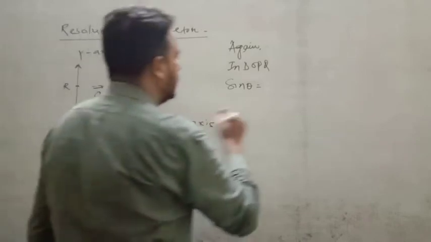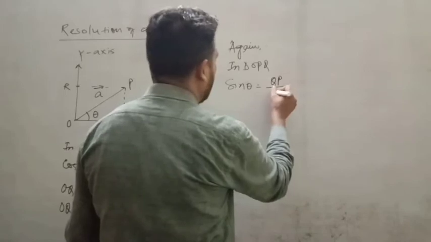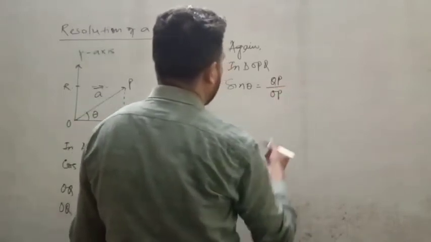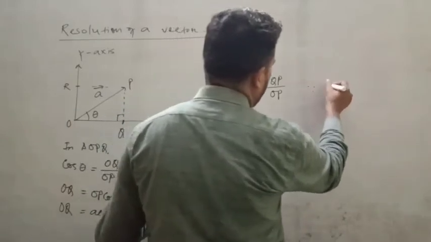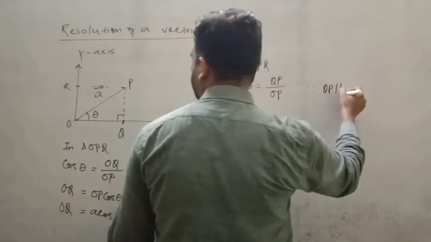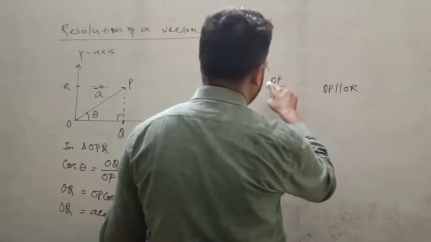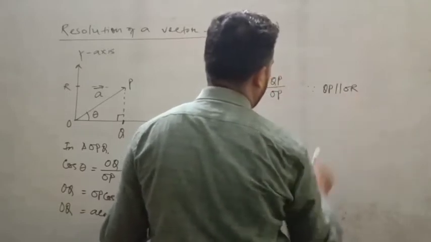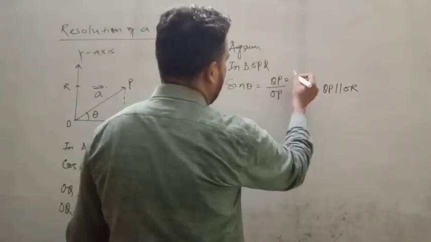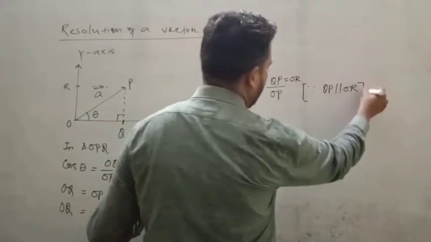So your perpendicular is QP, so this one is QP by OP. Whereas because QP is parallel to OR, therefore we can replace this QP by OR. Just keep this in mind.